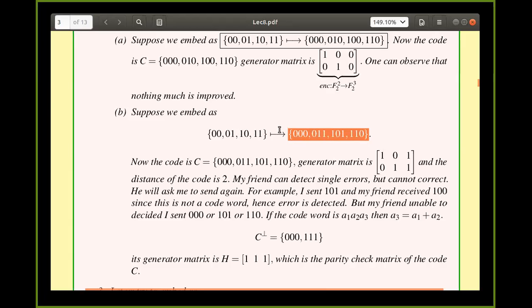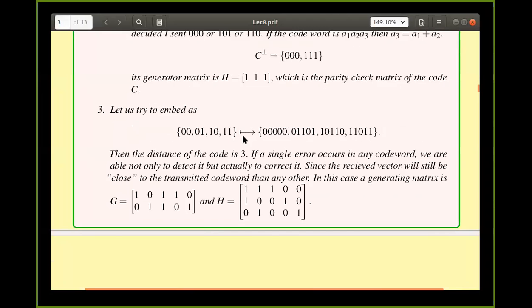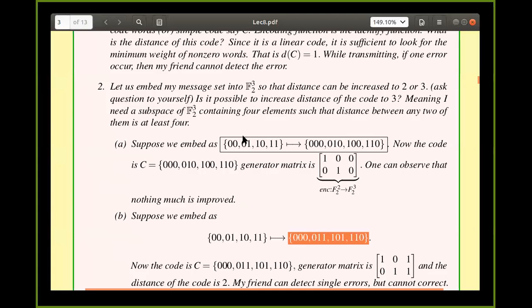We can think of 2 in two ways: the message space dimension, or the dimension of this set itself. And the distance is also 2. So it is a 3 to 2 space. We did it in 2 ways actually. Remember, we did it in 2 ways. One of them is parity, right?